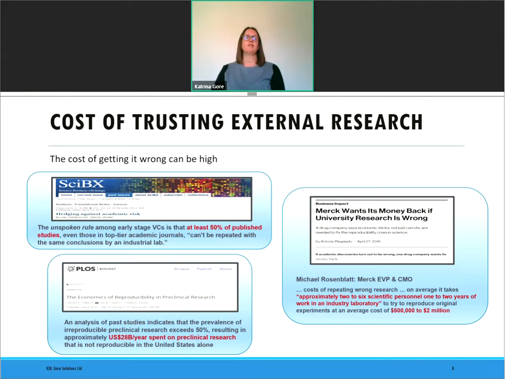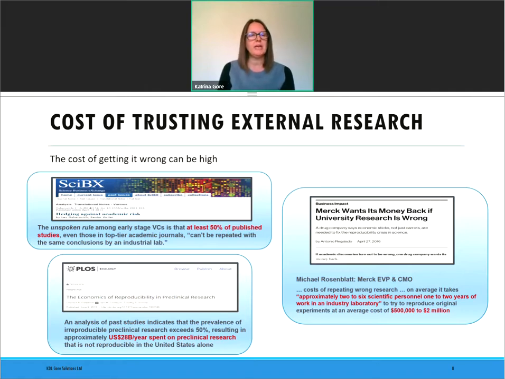The cost of trusting external research and getting it wrong can be high. Back again 10 years ago, there was an unspoken rule among early stage venture capitalists that at least 50% of published studies, even those in top tier academic journals, can't be repeated with the same conclusions by an industrial lab.